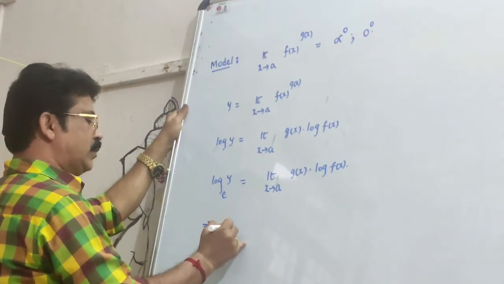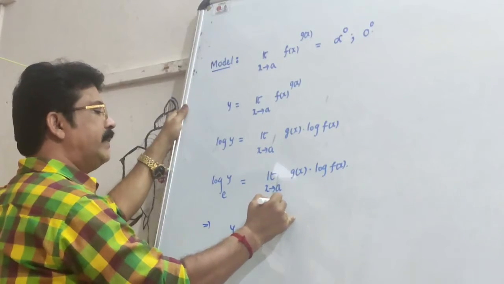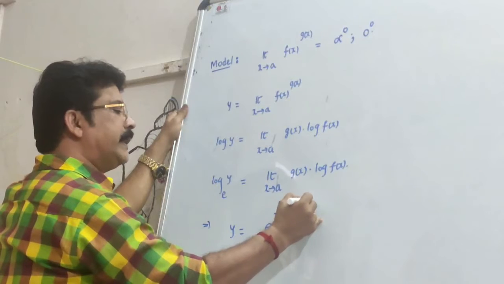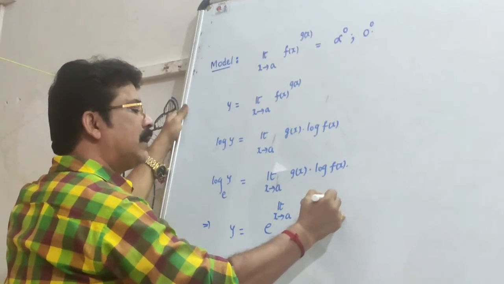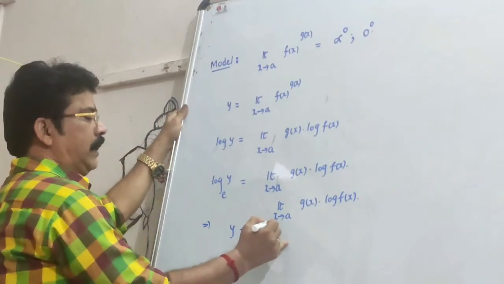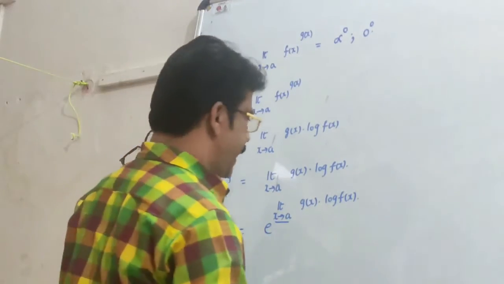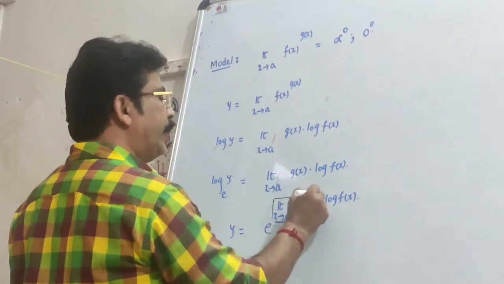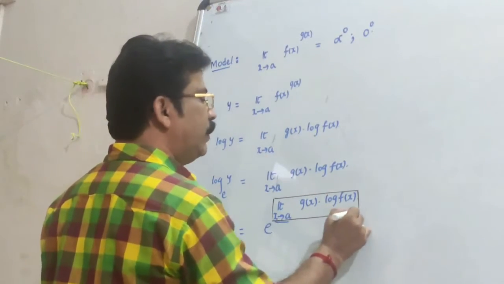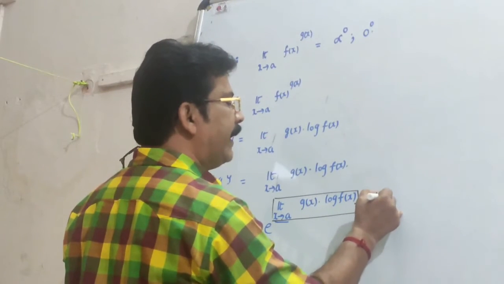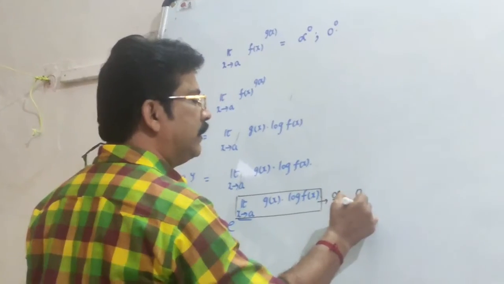That implies the required y is equal to e power limit x tends to a g of x into logarithm of f of x. After putting x equal to a, if this value is either infinity by infinity or 0 by 0.